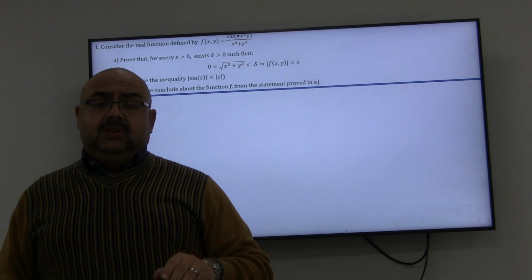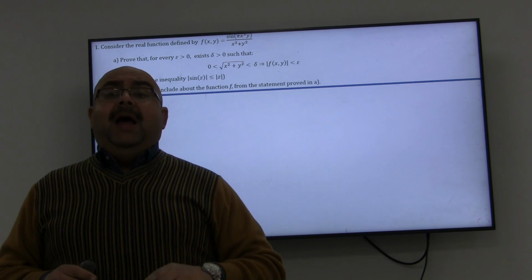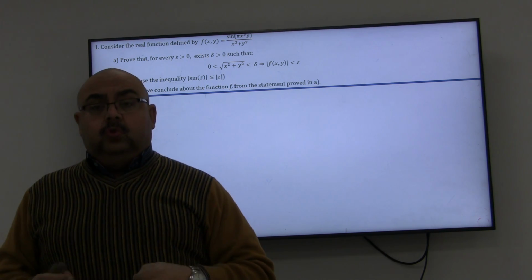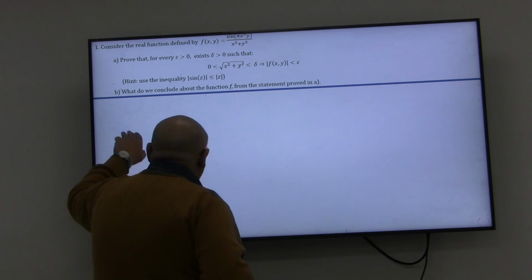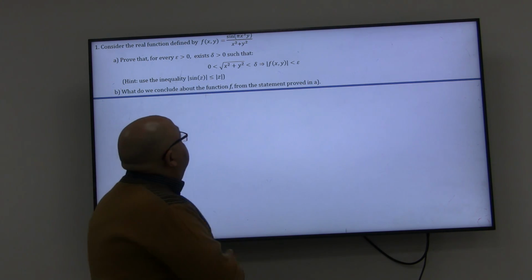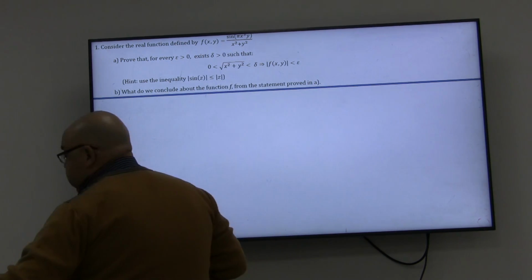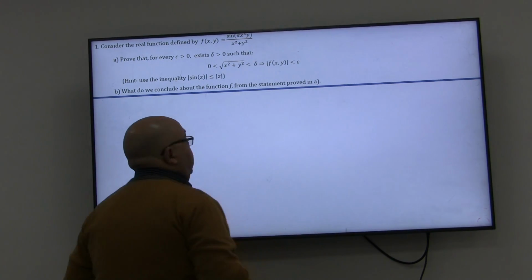He will ask you a question about continuity by the first principles, and it's really very near to what we had previously. Let's go through it together. He asks you to consider the real function f of (x, y), which is sine of x cubed y divided by x squared plus y squared.